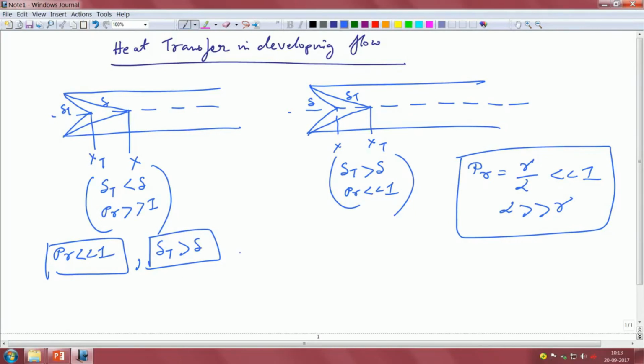Like your flat plate, delta T is proportional to x, Prandtl number to the power of minus half, Reynolds number x to the power of minus half. That is from the flat plate analogy that we already did, for delta T greater than delta. Do you remember? You can just flip your notes and go to that particular page.